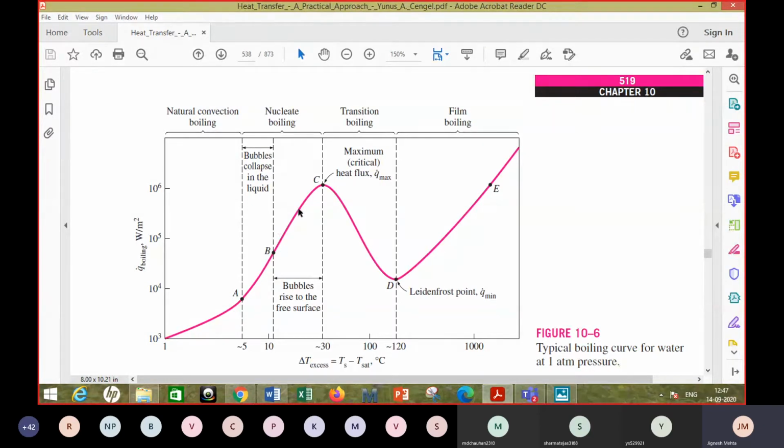And you have very high heat fluxes, right? You can see it's even exceeding 10 raised to 6. It means that it can be even more than 1000 kilowatt, or 1 megawatt per meter square. It can deliver such high heat fluxes if you maintain the temperature difference of around 30 degrees Celsius.